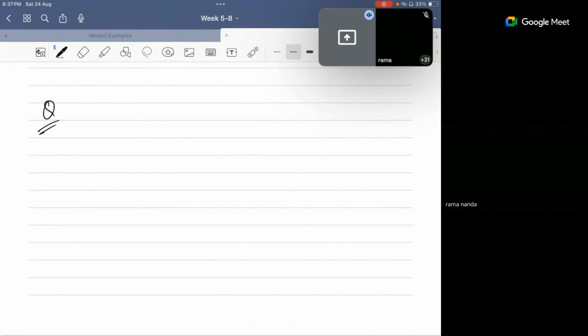So there's a word, Ujjain. Ujjain has been given. You have to form a three-letter word. I'll just write it out.